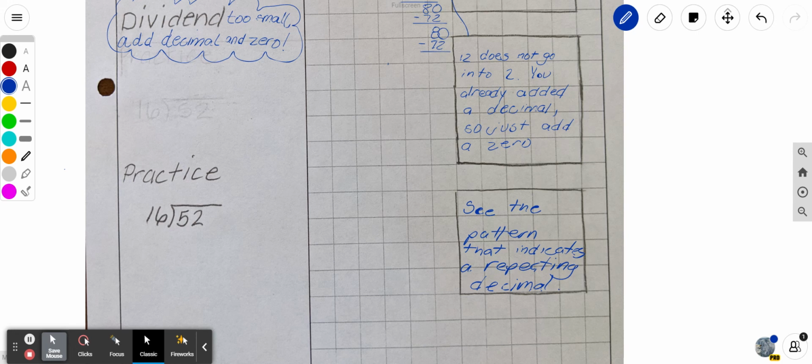And then I want you to draw an arrow to the 80s to show that, oh yeah, there's the pattern. We have 80, we subtract and get 72.